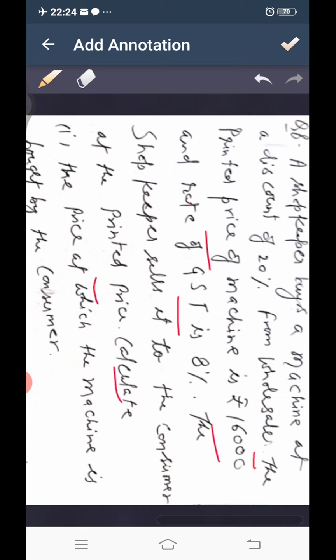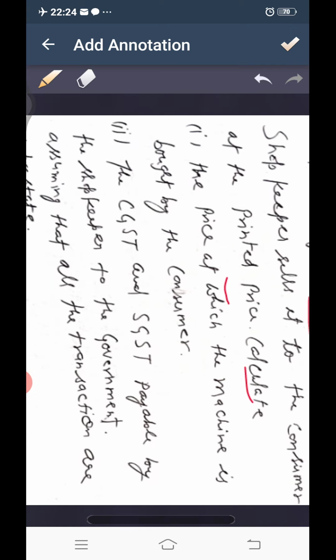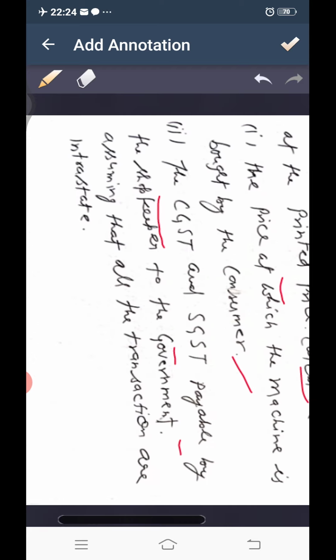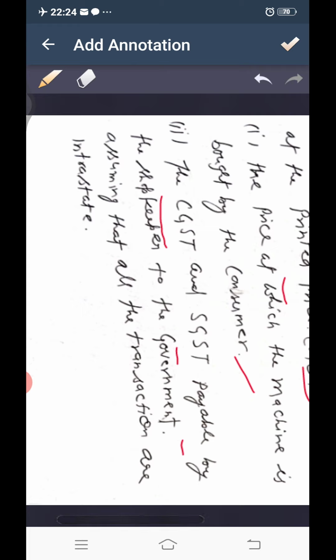Calculate the price at which the machine is bought by the consumer, and the CGST and SGST payable by the shopkeeper to the government. Assuming that all transactions are intrastate.